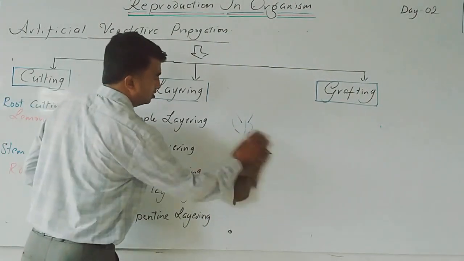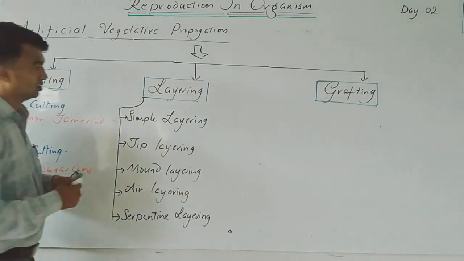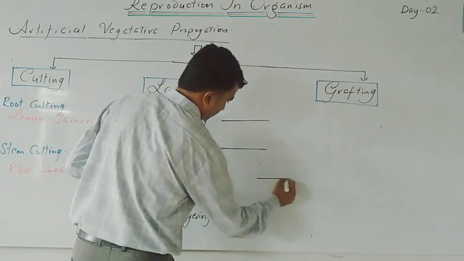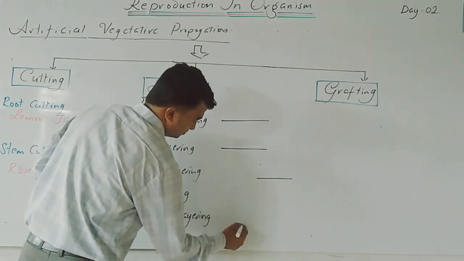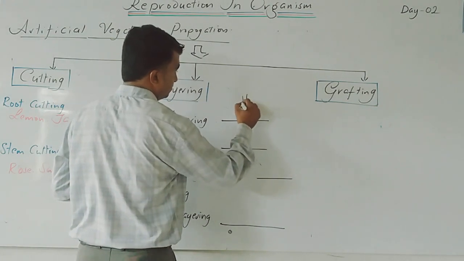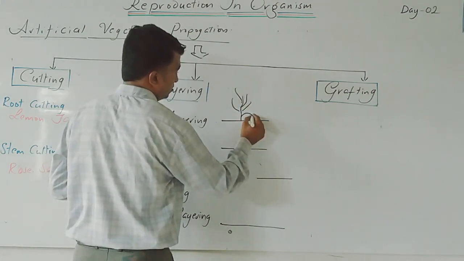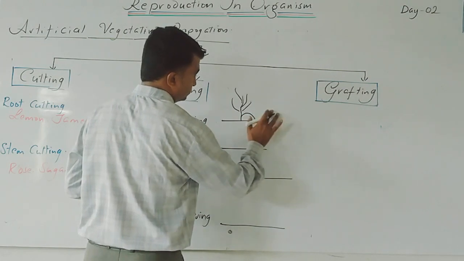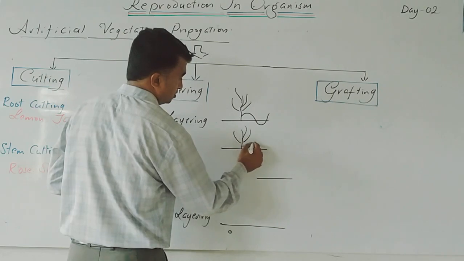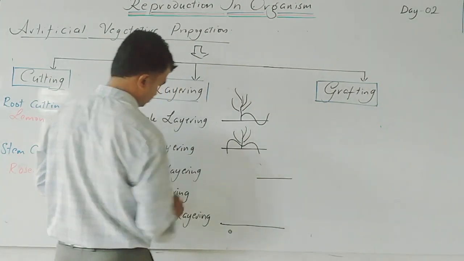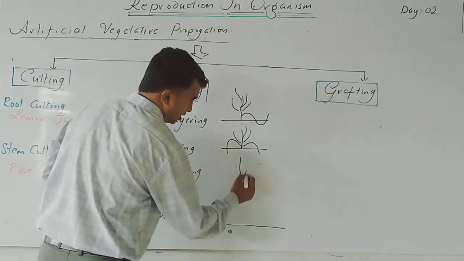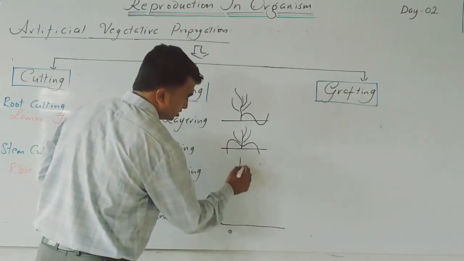Next one is mound layering. This is a plant. For mound layering, this is a stem and these are the lower branches.